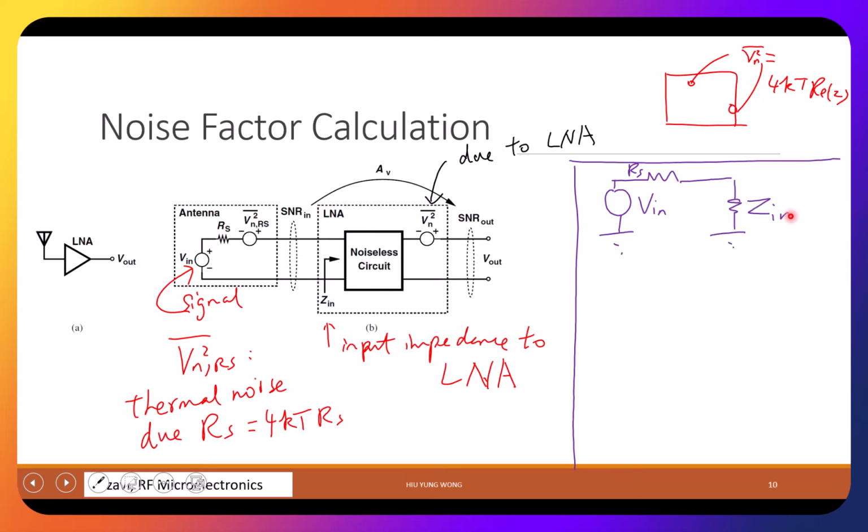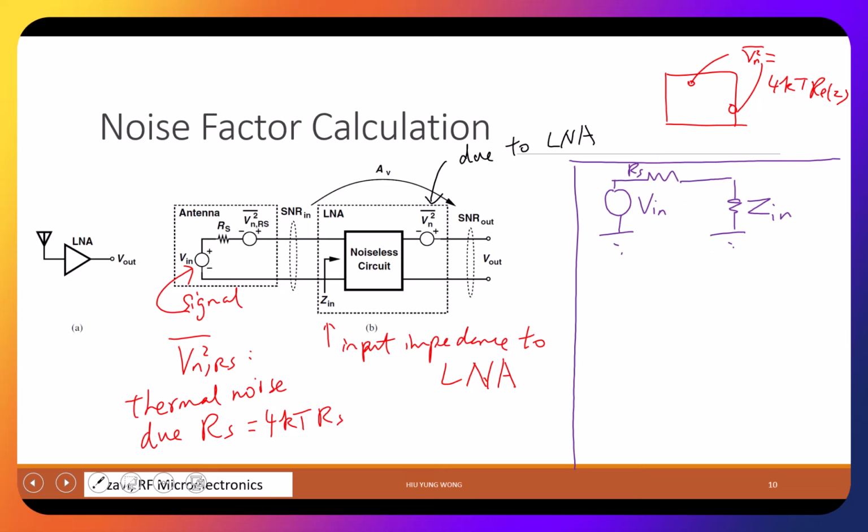Let me say one more time, right? This is the input impedance of the LNA, and what I'm going to do is look at this part. At this place, I have a certain signal to noise ratio. Here I have another signal to noise ratio. But I just look at this part. I have Vin, I have Rs, and then I look into the amplifier and see Zin.